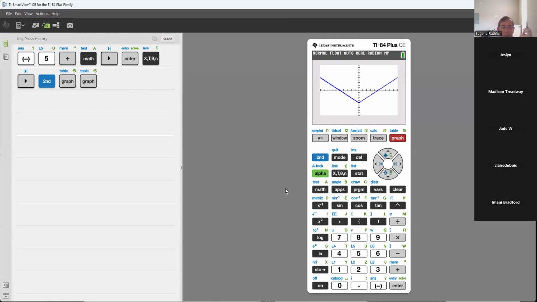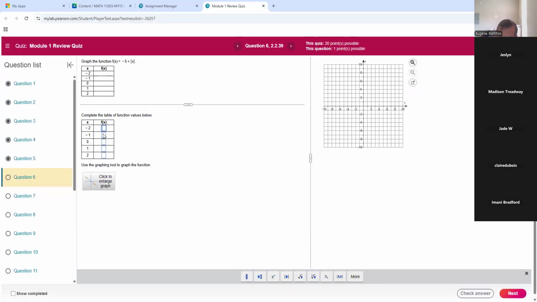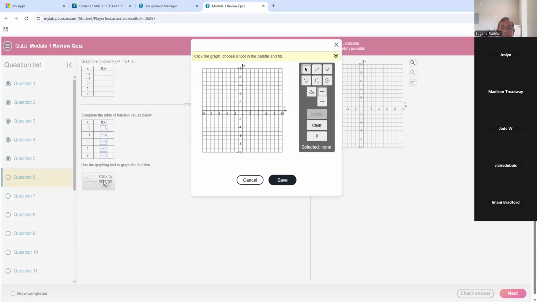So let me put in my values first. So I had a -3. I had a -4. I had a -5. And then I had a -4. And then a -3. All right, click the enlarge graph. We're going to go to the top right and grab the absolute value tool. Now watch that yellow banner there.